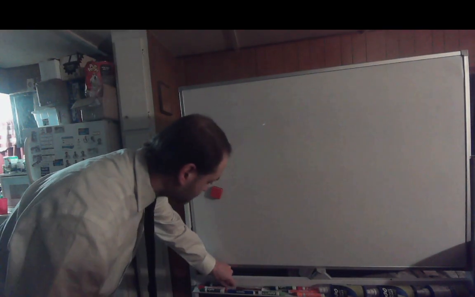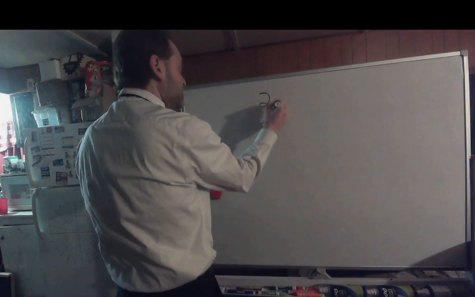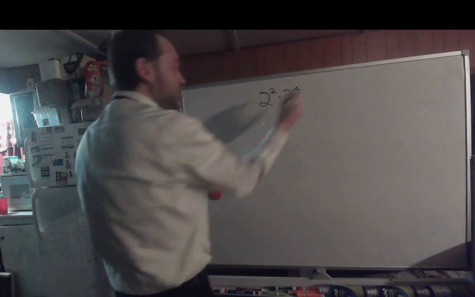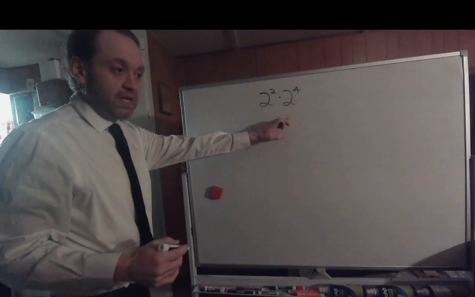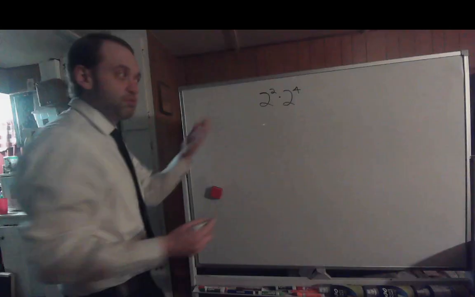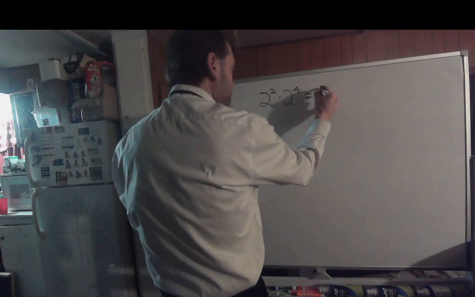Okay. And let's say, hypothetically now, I'm going to do it with any other number. You have 2 to the second times 2 to the fourth. You have the same base, so when you multiply two numbers of the same base but different exponents, you just add the exponents.